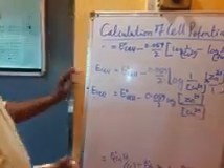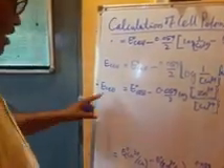This is the formula for how to calculate E cell of the Daniell cell.